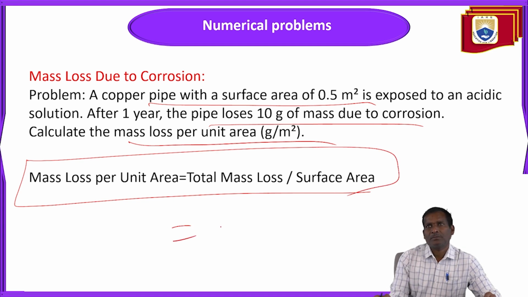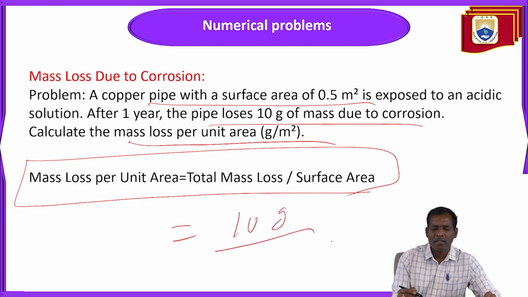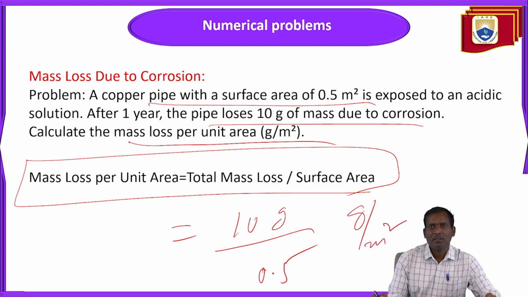Total mass loss, because the exposure is after 1 year the pipe loses 10 grams, divided by surface area 0.5. So this one will give gram per meter square. So here this value is 20 grams per meter square.